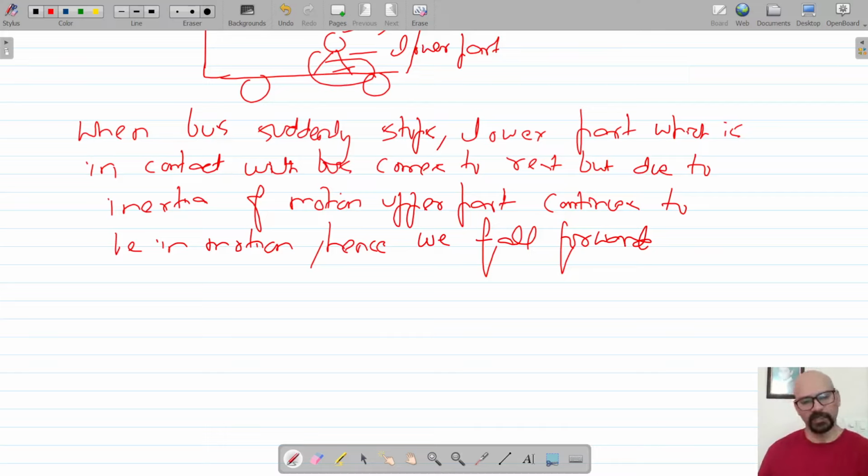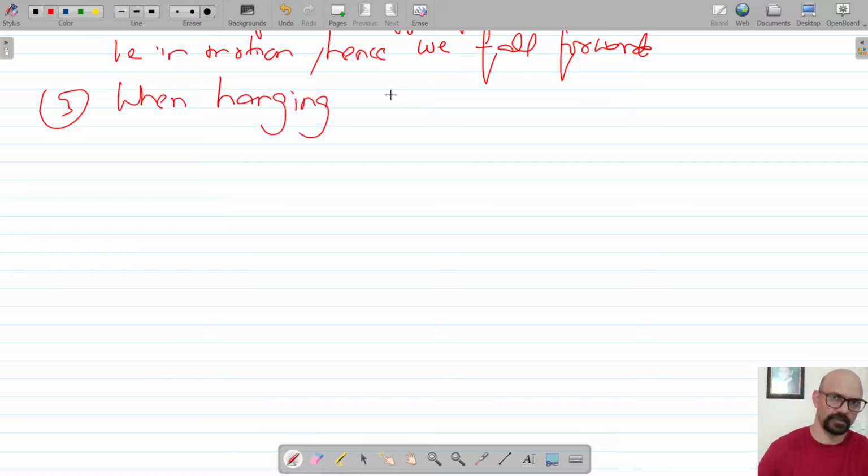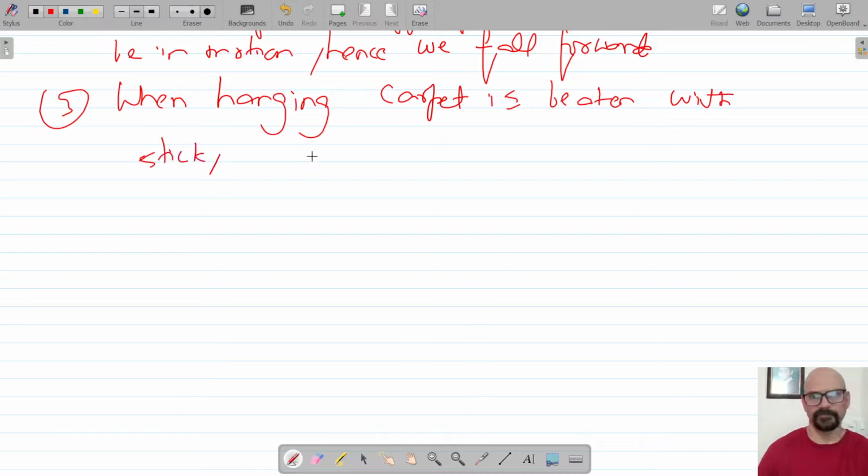Now next, a very good example would be when we beat a hanging carpet with a stick, dust falls off. So what is the reason for that? This could be the third case: when a hanging carpet is beaten with a stick, dust falls off.